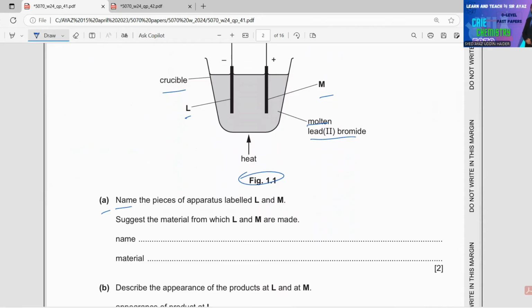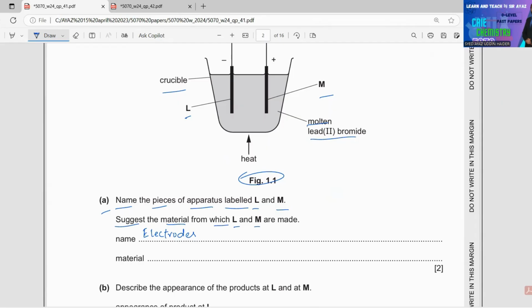A. Name the pieces of apparatus labeled L and M. The name for L and M is electrodes. Suggest the material from which L and M are made.